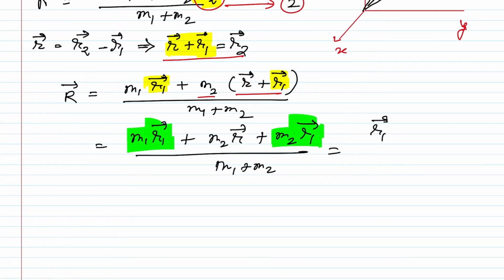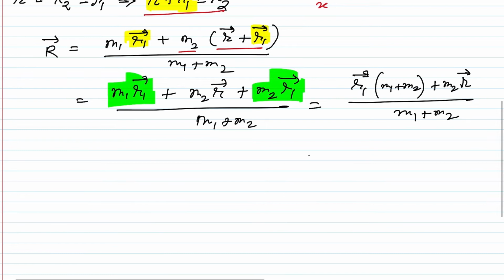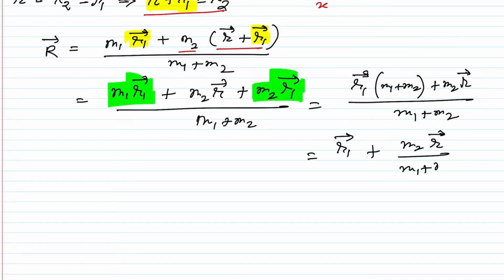On taking r1 common, within the bracket you will get m1 plus m2 plus m2 into r vector by m1 plus m2. So this can be written as r1 plus m2 r by m1 plus m2. Okay, so this is R vector.